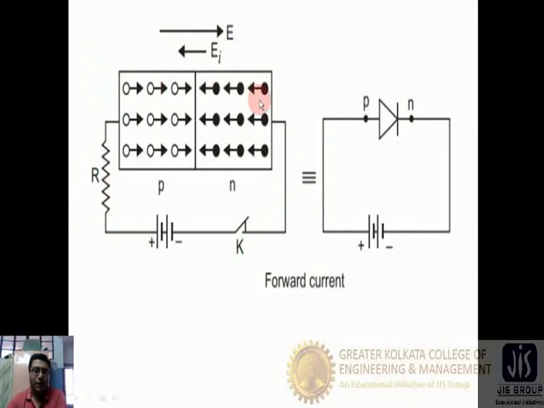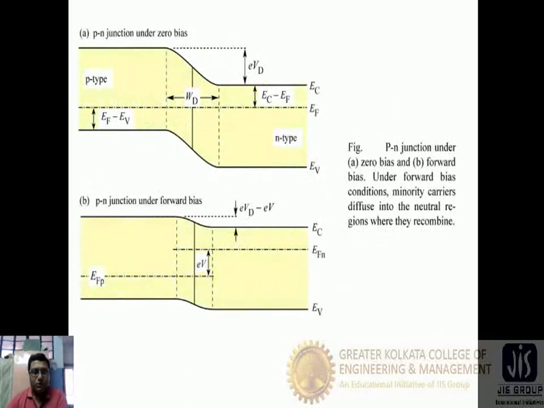The current flows from the P side to the N side, but the electron flow happens from the N side to the P side. So here you can see the electron is flowing from the N side to the P side, so there is no barrier and the electron can flow very easily. So this is the band diagram representation of forward bias.